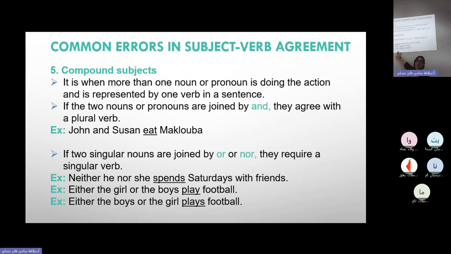Because the first one was singular, girl. The verb agrees with the noun before it. So this is important to remember, because if you're editing and come across a mistake like either the boys or the girl play football, you have to correct it to plays.